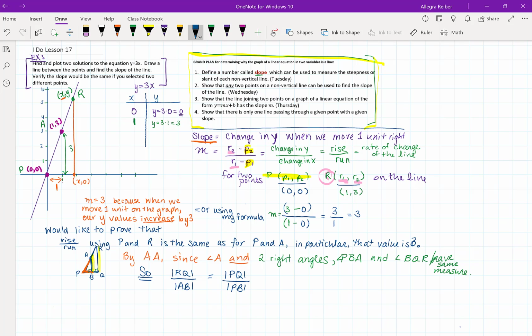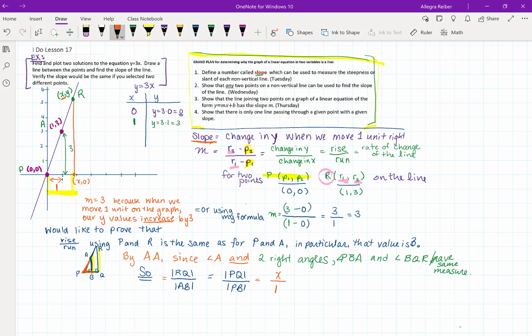Let's look back at the coordinates in our picture to find out what the lengths of each of these sides are. The length of PQ, well that's going to be x because P is at (0, 0), and so going all the way to (x, 0), going to that x coordinate, that's x. So on top here we have an x. Additionally, PB we know is 1.